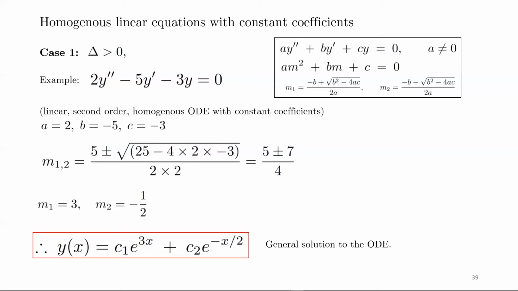This is the general solution to the ODE. Of course, we don't know the value of c1 and c2. We could find that if we had an initial value problem, but right now we were just solving the ODE itself.